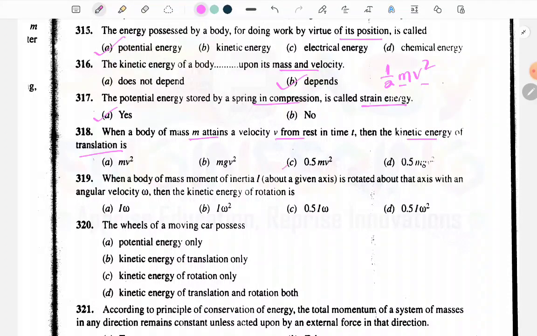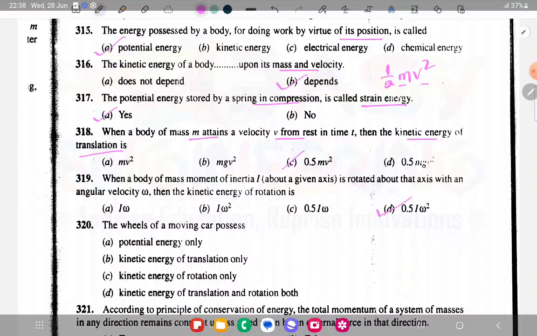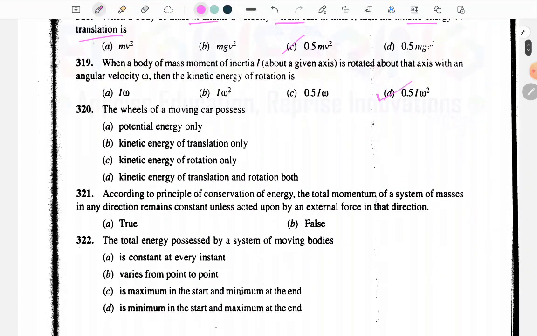So half means 0.5. So 318 is C. A body of mass moment of inertia I, so half I into omega square. So this is T. Wheels of a moving car possess kinetic energy of rotation and translation both. According to the principle of conservation of energy, the total momentum of a system in any direction remains constant unless acted upon by an external force in that direction.